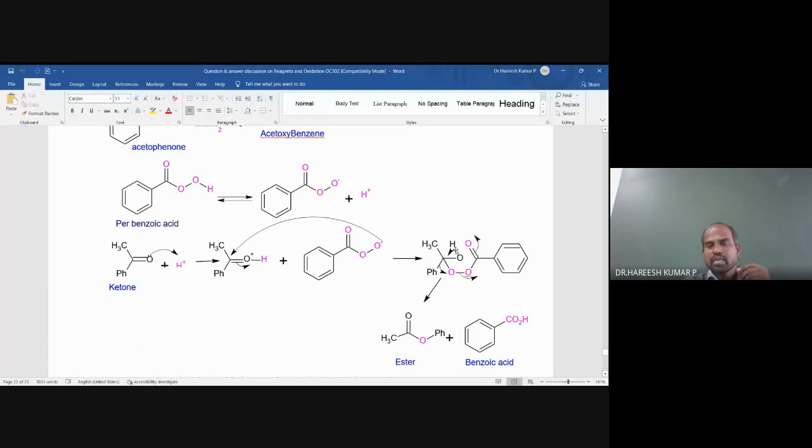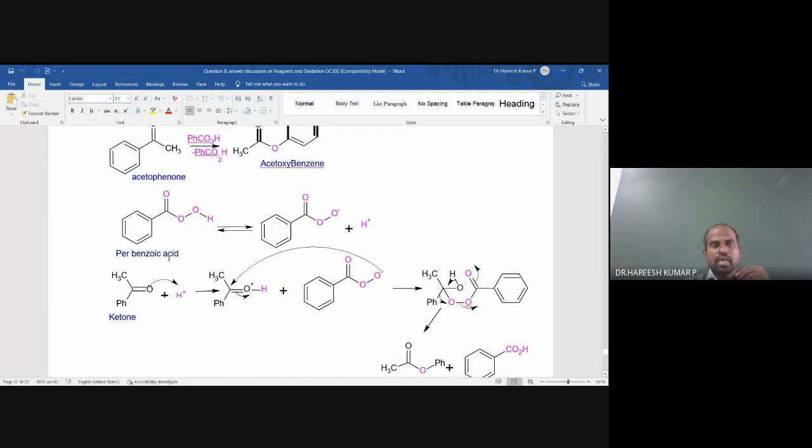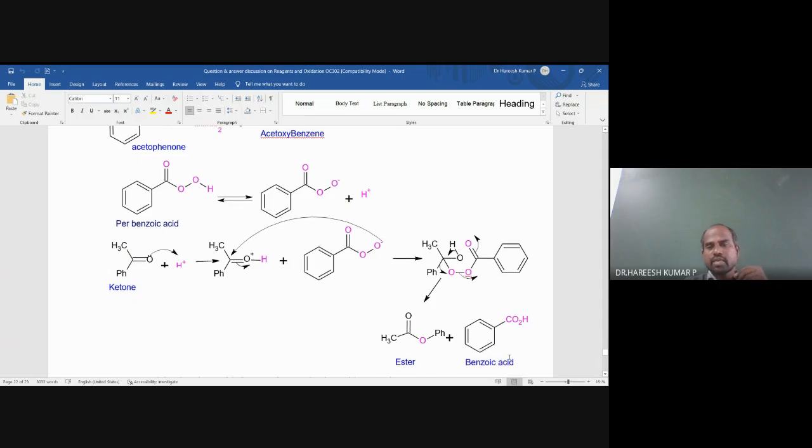At this moment, this bond pair can come over here, and this phenyl group moves from this carbon to this oxygen, and this bond pair goes out, forming a carboxylic acid. This part is carboxylic acid, and this part is the ester. So this is how acetophenone is converted into an ester.